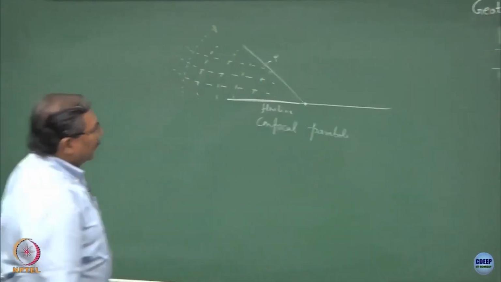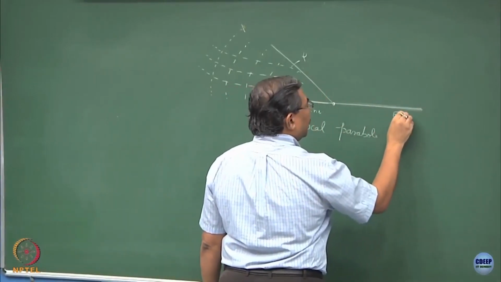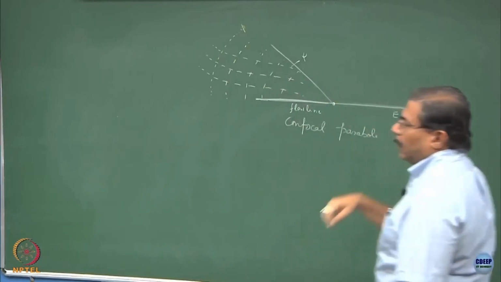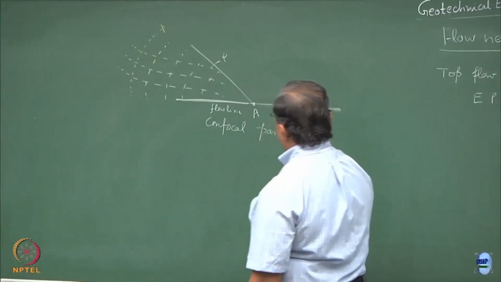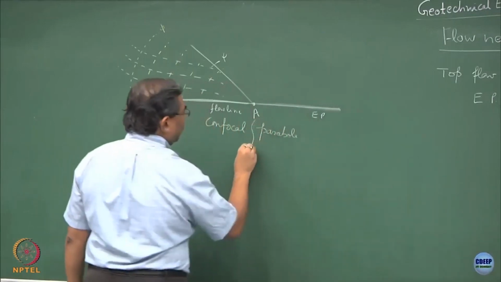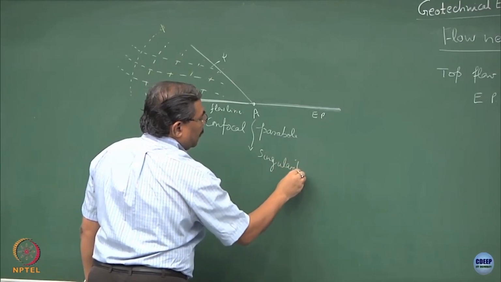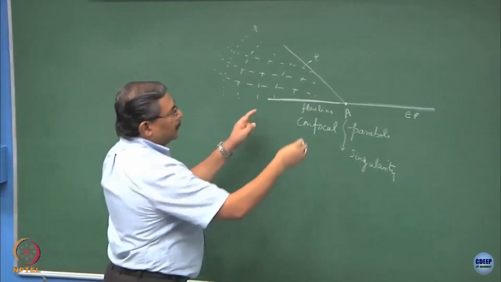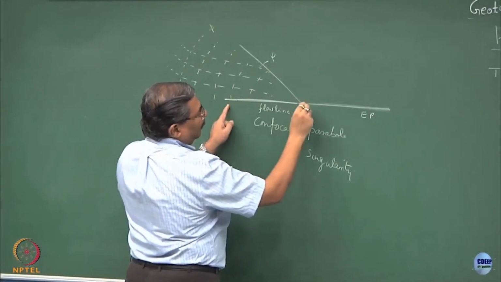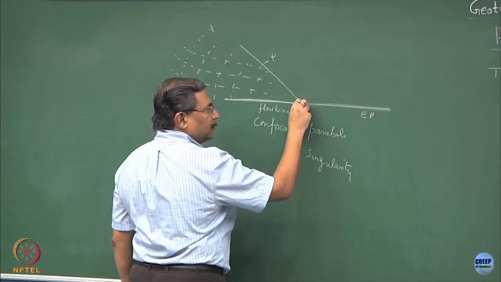And if this is connected to the atmosphere, this is going to be the equipotential line. So, at point A, I have the singularity. That means, on the left hand side I have the flow line, on right hand side I have the equipotential line, and hence point A becomes singular.